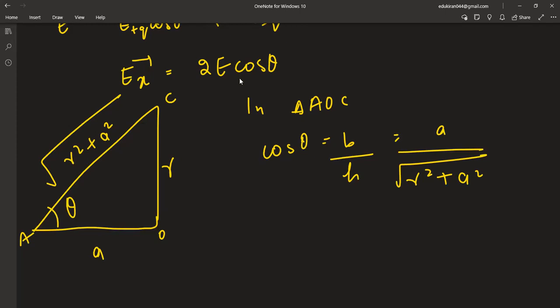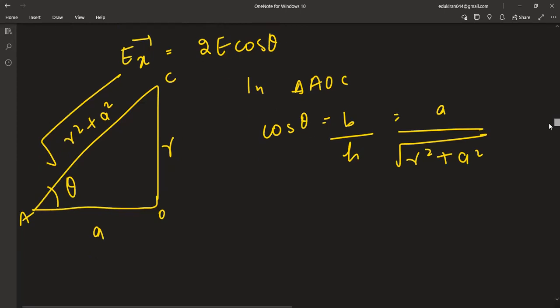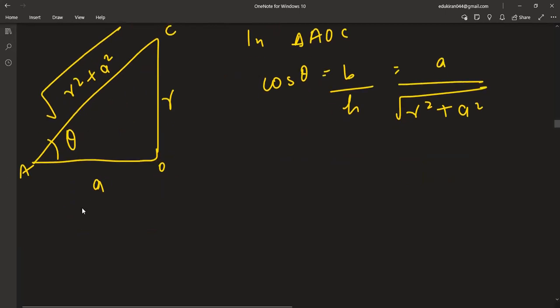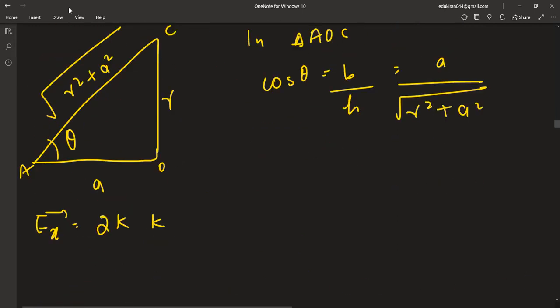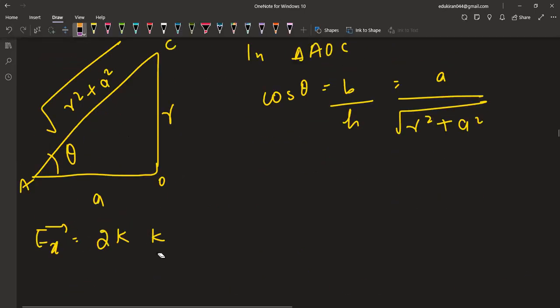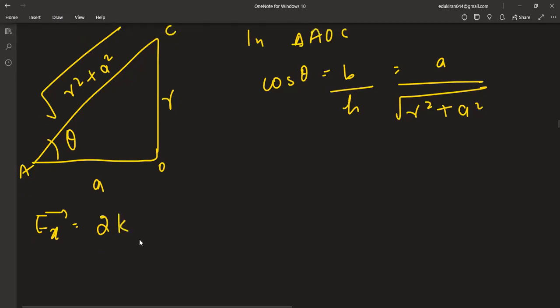We have cos theta, we have the electric field, we have 2. So what is the value if you substitute everything? The electric field along the x-axis will be 2E cos theta. So 2, and what was the electric field? kq by (r square plus a square).